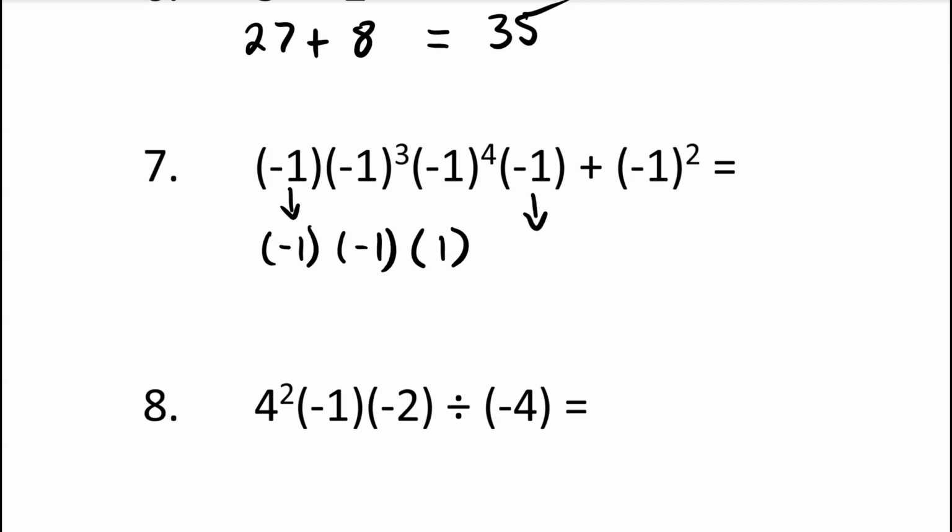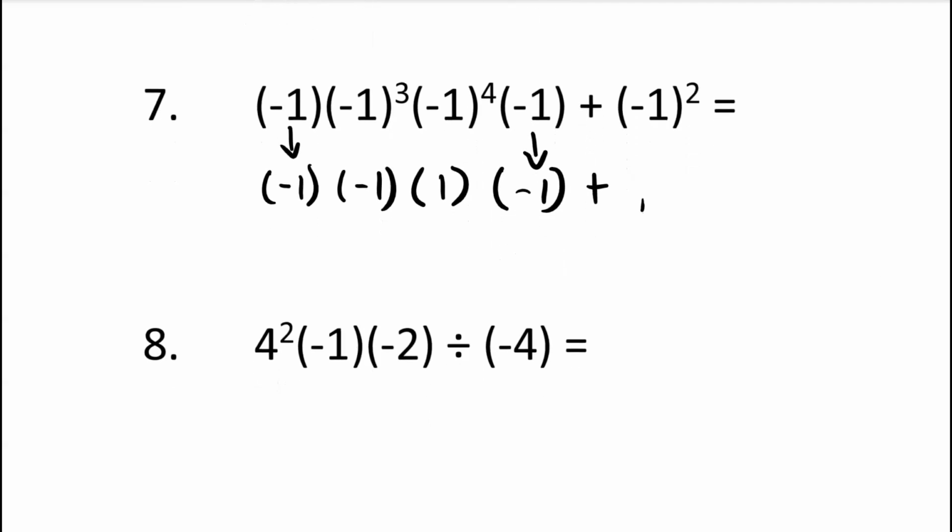This part continues down because there's no exponent on it. Plus, we have (-1) to the power of 2, and because it's an even number, it's going to become a 1. Now that we've addressed the exponents, we can look at addressing all of the different multiplication, and we'll go in order of left to right. So -1 times -1 will make +1.